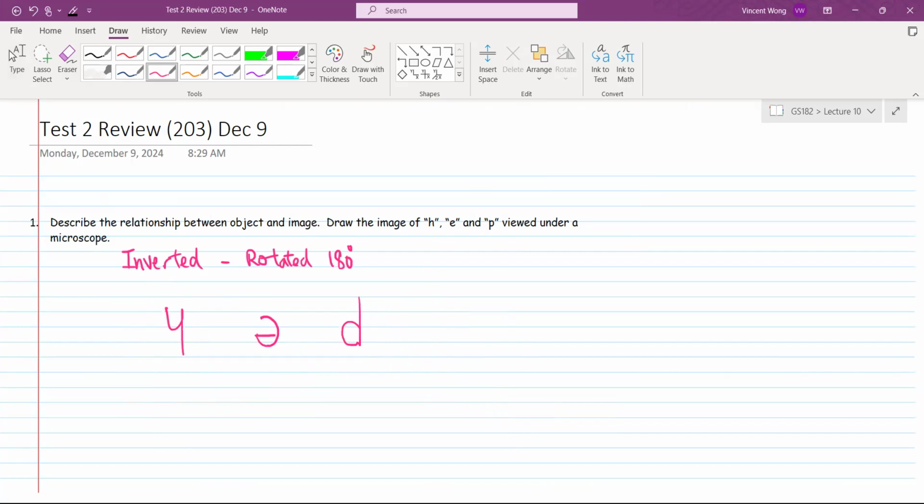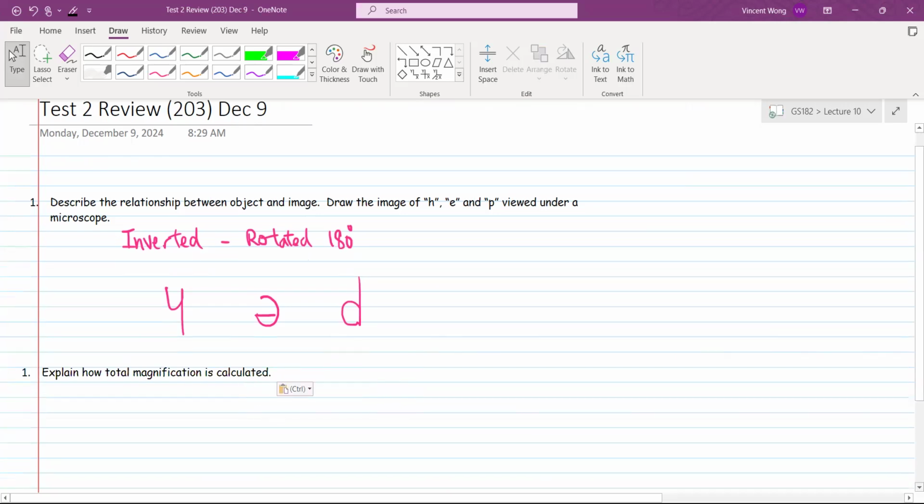All right, number two, explain how total magnification is calculated. Okay, so total magnification is going to be the ocular lens magnification, which is by default 10 on most microscopes, multiplied by the objective lens.